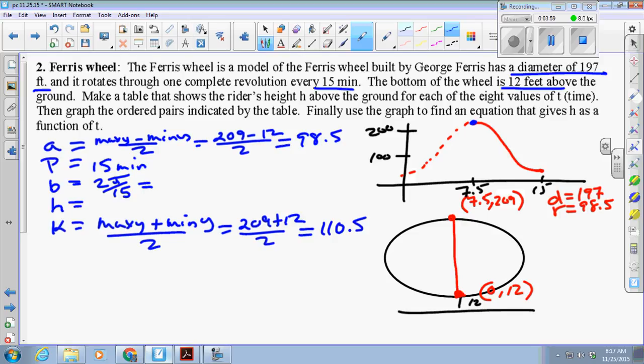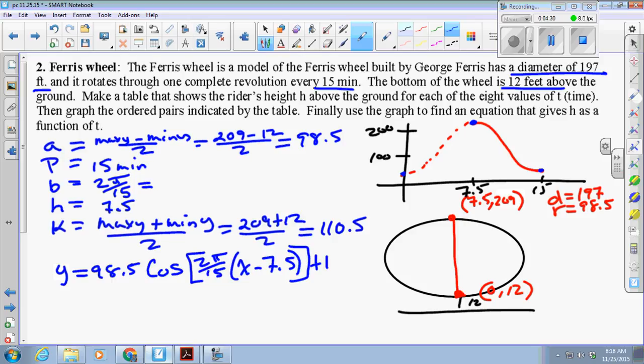That's a thing of beauty, because now we just need a high point or a low point. All right, so my starting point, I would say, is 7.5, the high point of the cosine function. So y equals 98.5 cosine, B is 2 pi divided by 15, x minus 7.5 plus 110.5.